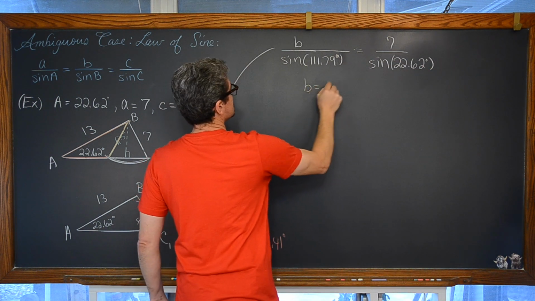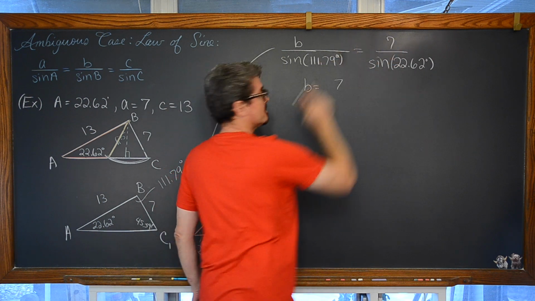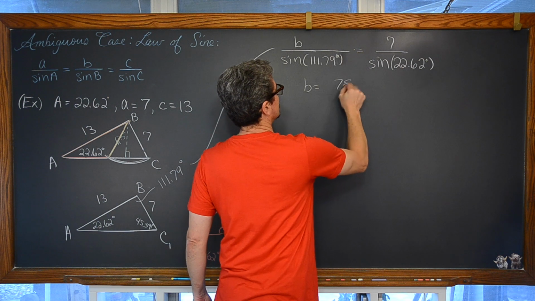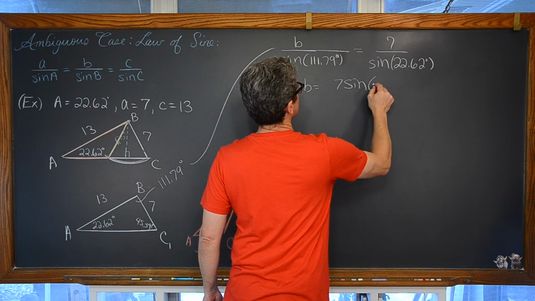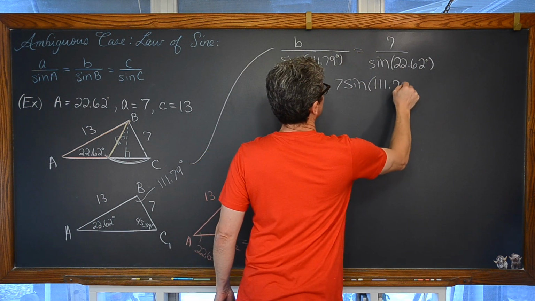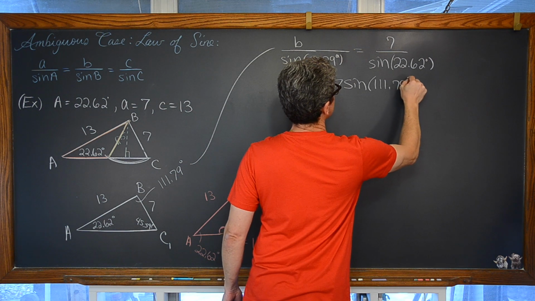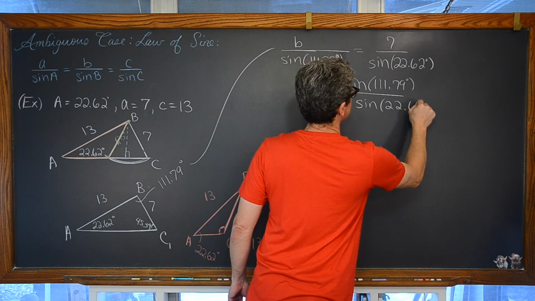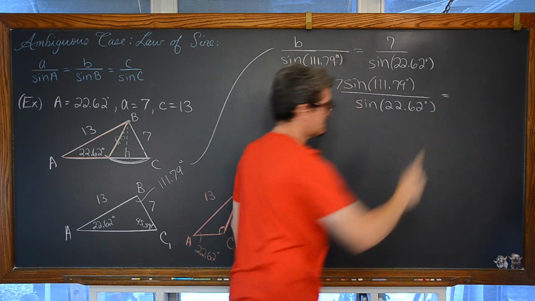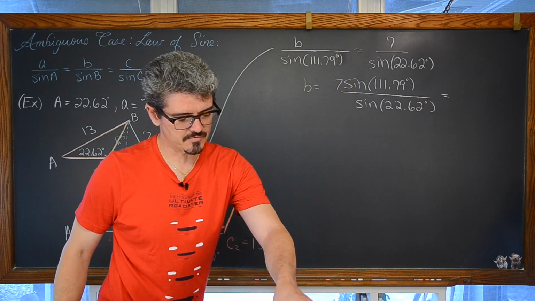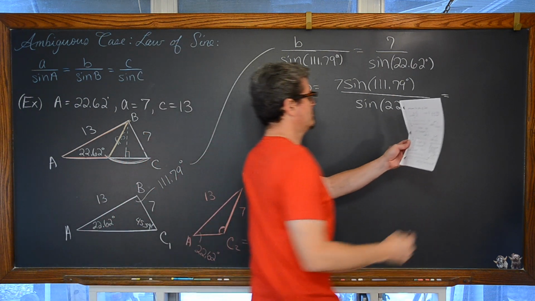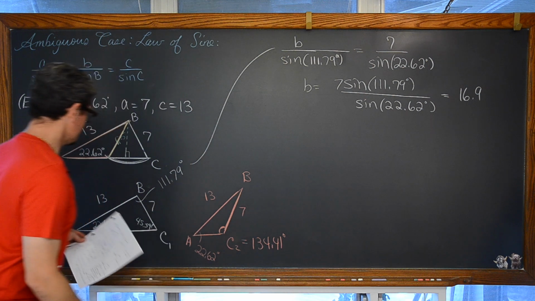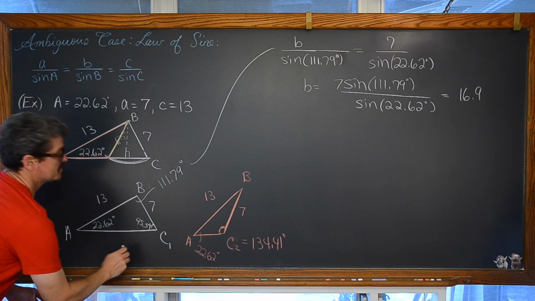So B is equal to 7 times the sine of 111.79 degrees, over the sine of 22.62 degrees, which is equal to, not off the top of my head, 16.9 units. So now we have all the information about this first triangle.